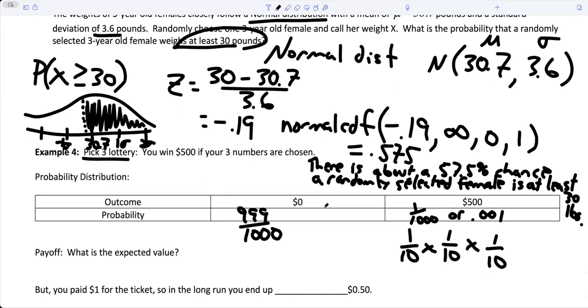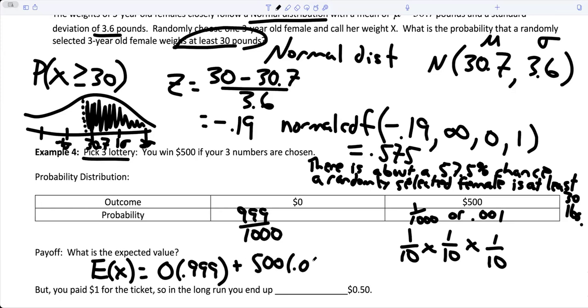So I'm going to take the outcome 0, multiply by its probability, which is just zero, of course, plus the next outcome, 500 times its probability, 0.001. And 500 times 0.001, don't even need my calculator, is what? It's 0.5. So the expected outcome is 50 cents.